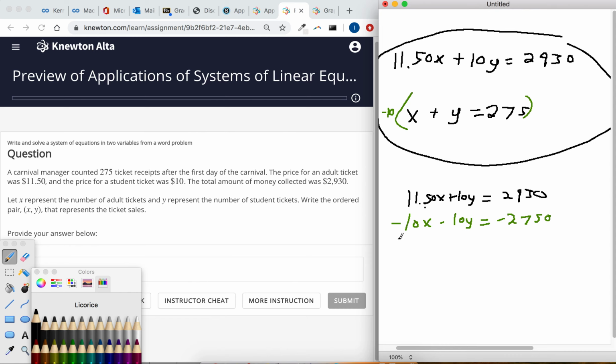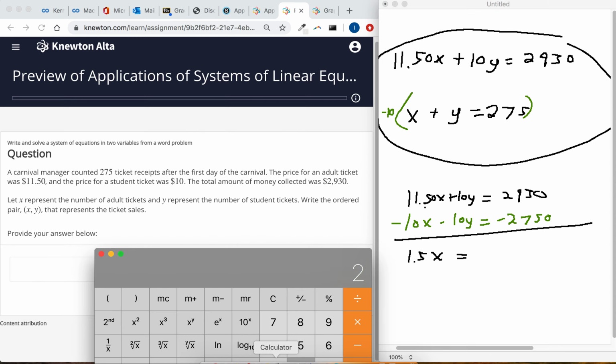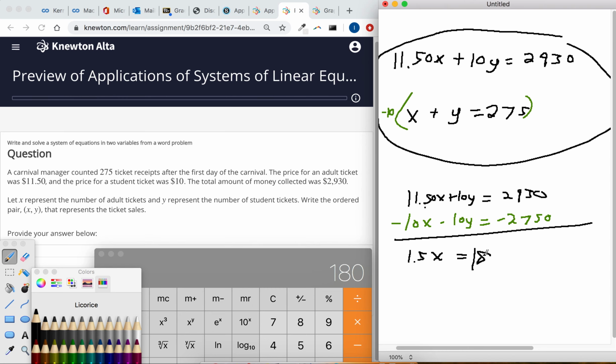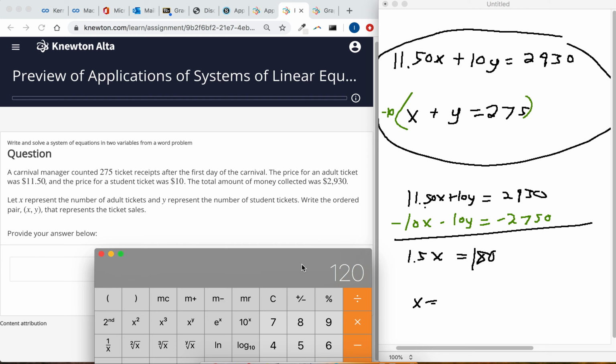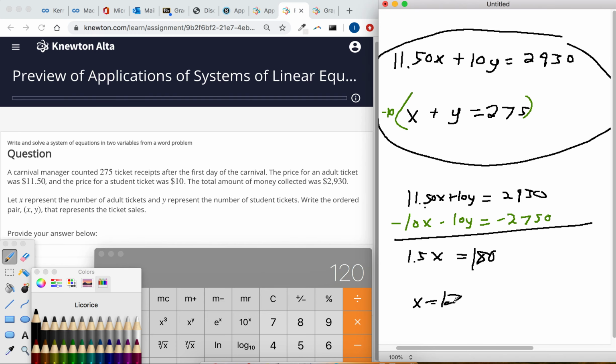And now you can smush them together with addition and add the top to the bottom. So you get 1.5x equals 2930 subtracted by 2750. We get 180. So I think you know how to finish that one out. Divide both sides by 1.5. So you get 120 for the adult tickets.